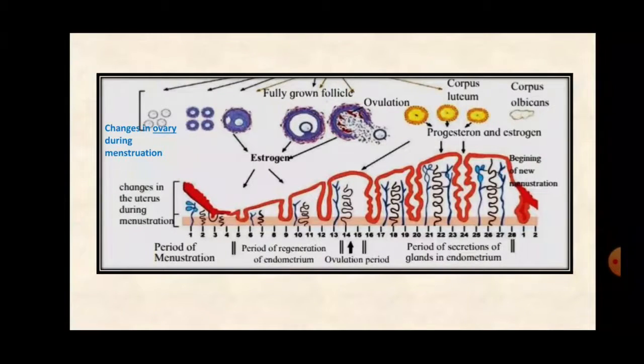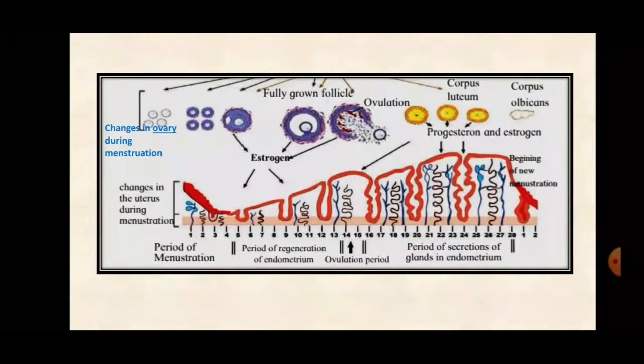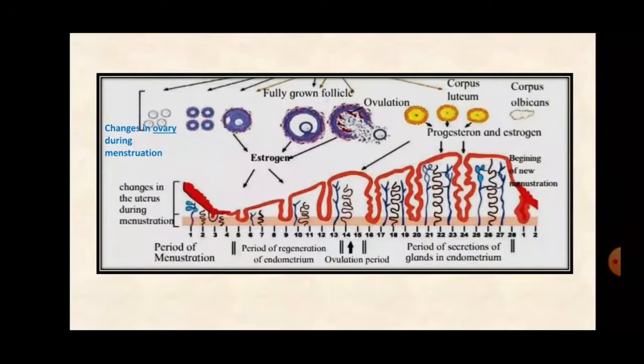These changes, let me tell you students, go hand in hand. They take place simultaneously, and together they are called the menstrual cycle. Now let us see. In the ovary, the follicles are present which have oocytes.